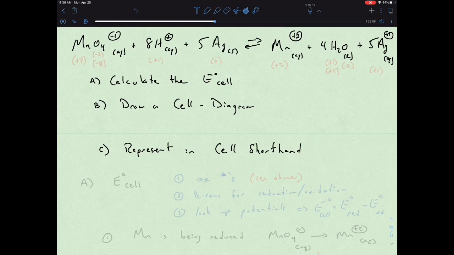So for part A, where we want to calculate the cell potential, we need those steps. As far as 1, we need to assign oxidation numbers. 2, we get the half reactions for the reduction and oxidation.